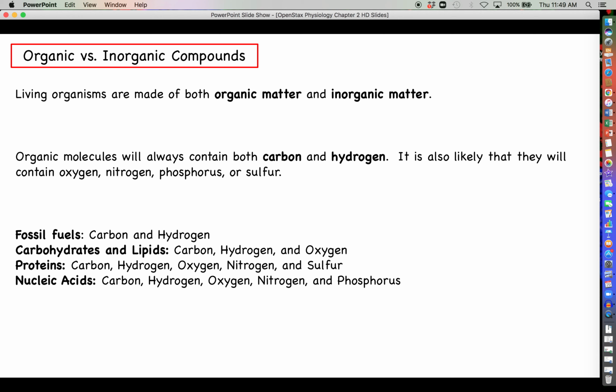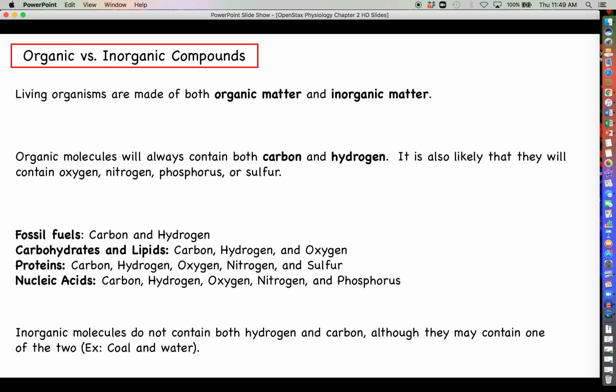A lot of carbohydrates and lipids contain carbon, hydrogen, and oxygen. Proteins, we will come to find, contain carbon, hydrogen, oxygen, nitrogen, and sulfur. And then nucleic acids contain carbon, hydrogen, oxygen, nitrogen, and phosphorus. You'll notice the thing all of these have in common is that they all contain both carbon and hydrogen at the same time.